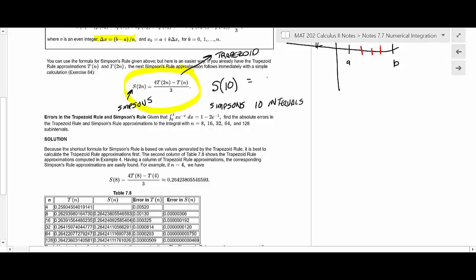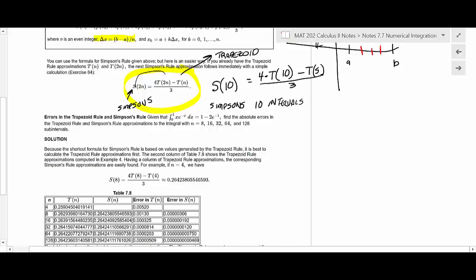What this says is you do 4 times the trapezoid rule for the same thing at 2n, which matches that, so that's 10. And then when this says T of n, that's going to be half of that, so that's going to be T of 5, and it's all over 3.